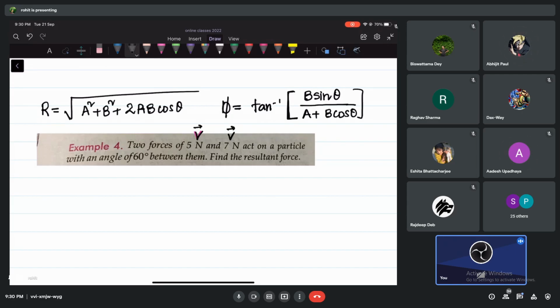I want to get the resultant, so you have options. You can use the triangle law, the parallelogram law, or any other law that you know. I am saying use the triangle law, so draw the diagram accordingly. After this I'll give you another one, but not right now. Let you start.